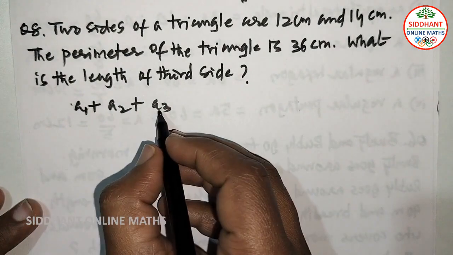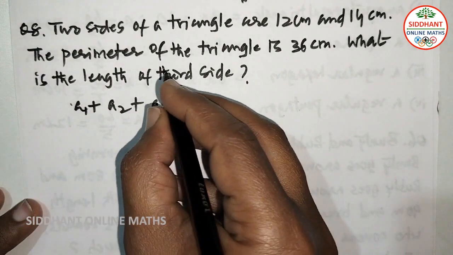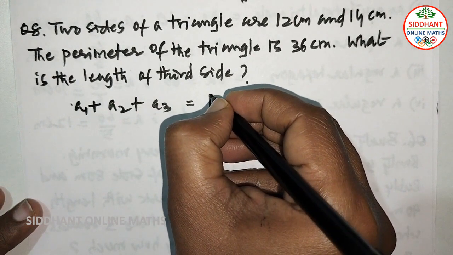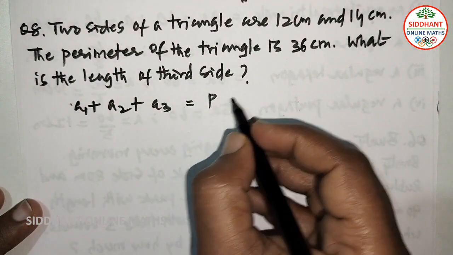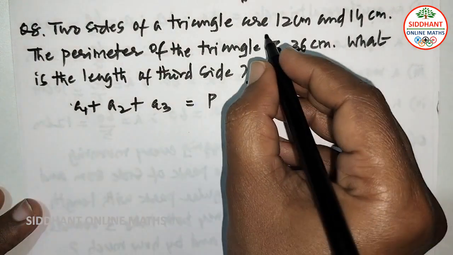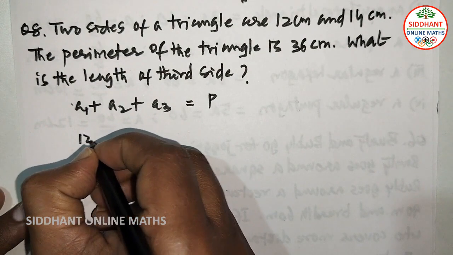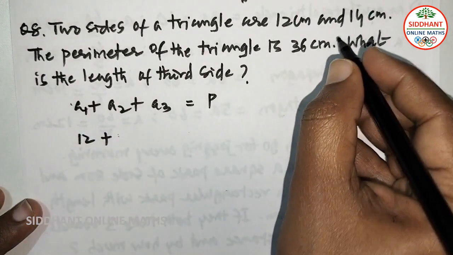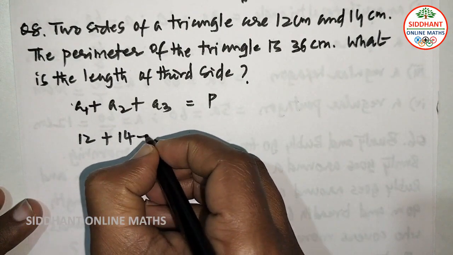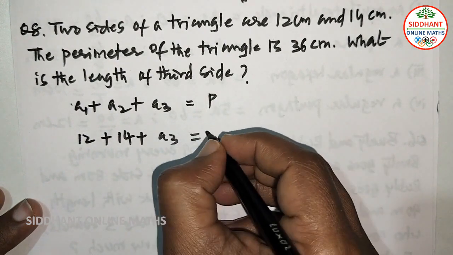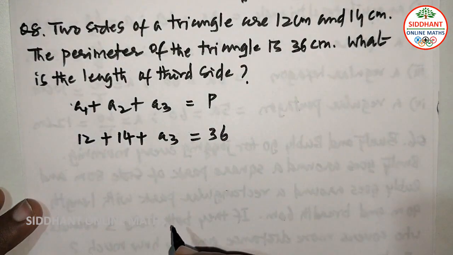Two sides have been given, A1 is 12 centimeters, A2 is 14 centimeters, and A3 we are going to find out, and the perimeter is 36 centimeters.